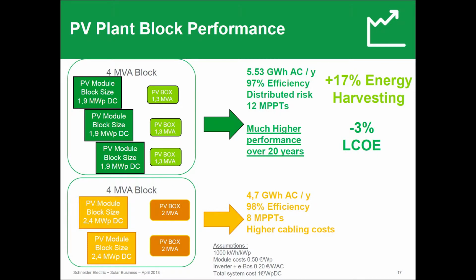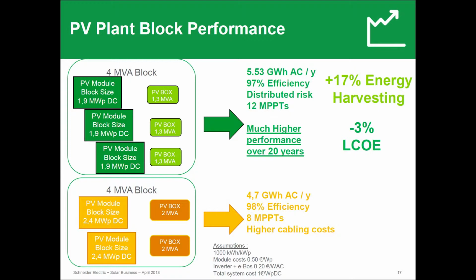I will give an example of the impact of working with a 4 megavolt-ampere block, if you use the 1.3 megavolt-ampere PV box that I just mentioned, and you apply this 1.4 overpaneling, so you are able to generate here 4 megavolt-ampere.